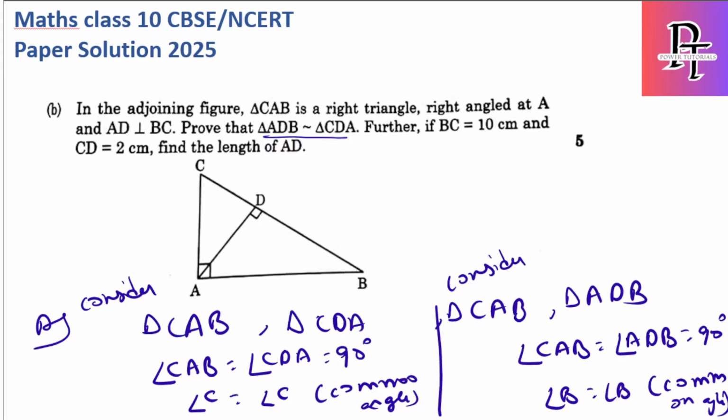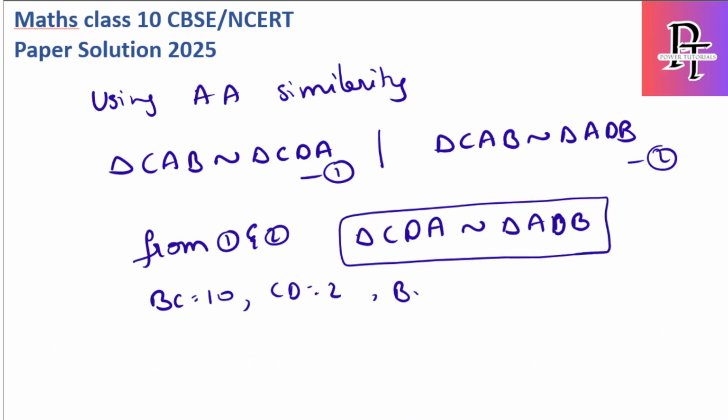If BC is 10 and CD is 2, then I can say that BD is equal to BC minus CD, which is 10 minus 2, which is 8. So I got the BD value, which is 8.